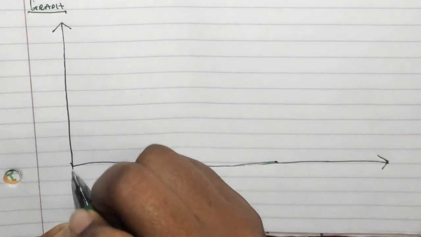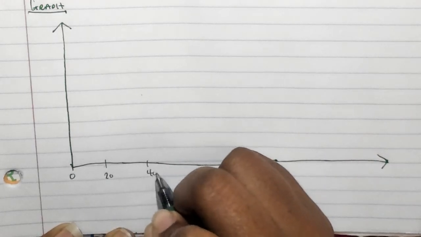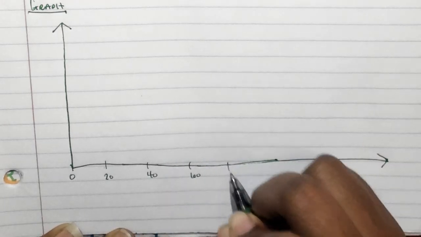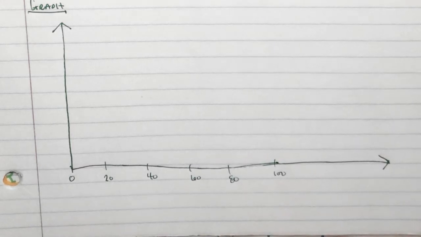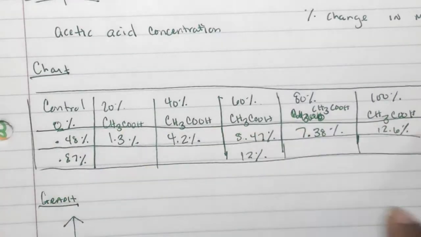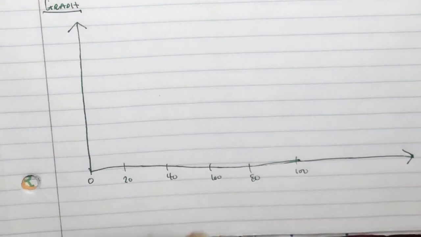All right, so we had 0, right? And then 20, 40, 60, 80, and 100. Looking at our numbers up here, what we need to do first of all is title this. What would the title be?